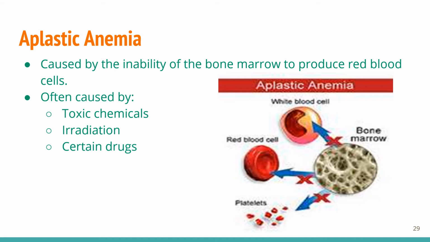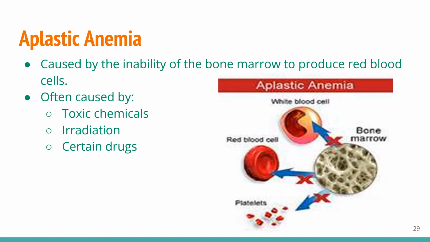All right, aplastic anemia. That is the inability of the bone marrow to produce red blood cells. It can be caused by possible toxic chemicals, irradiation, or certain types of drugs.